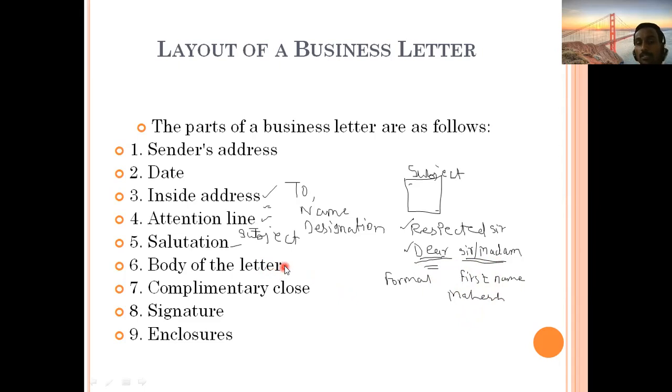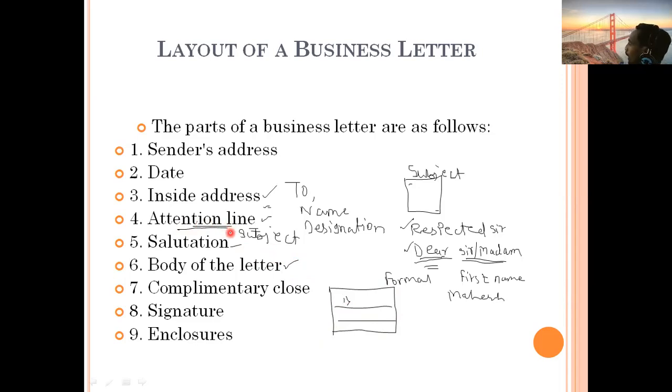The next point, let's go to the sixth one. So this says body of the letter. So what is this body of the letter now? After your salutation, you are going to have the main part, main section of your letter. Usually it can be of 3 paragraphs. Okay. So in the first paragraph you are going to mention this attention line. What is this?